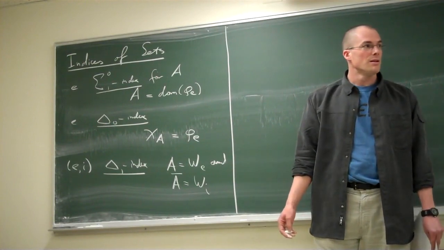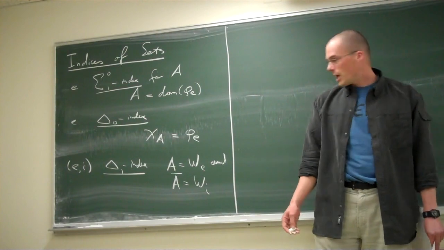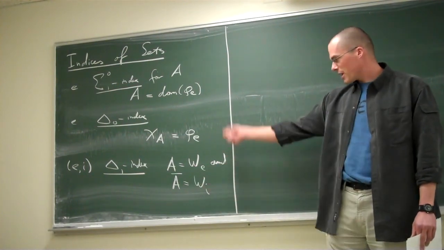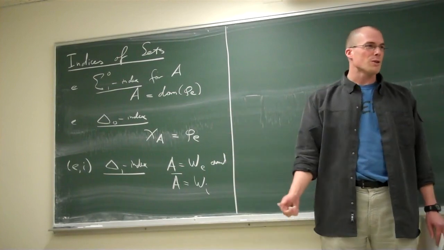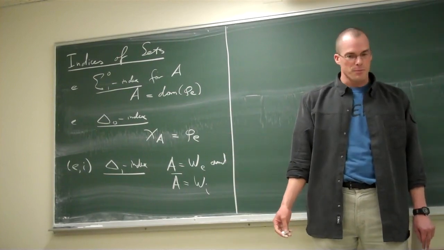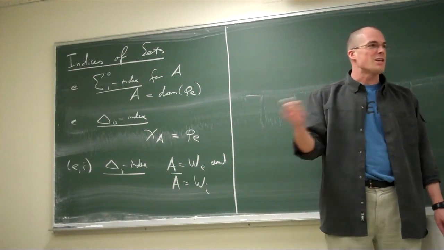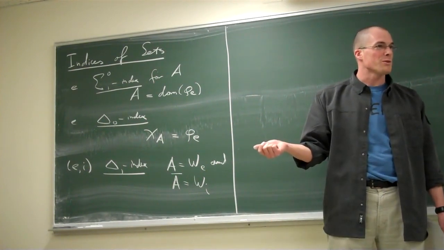The other indices, what do you know about those? Well, Delta 0 and Delta 1 are the same, basically. They're pretty close, right? They're different indices, but you can go back and forth between the two, and this is related to the theorem that a set is computable if it and its complement are computably enumerable.